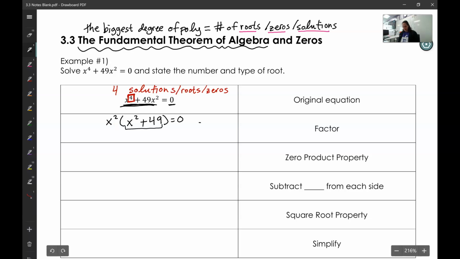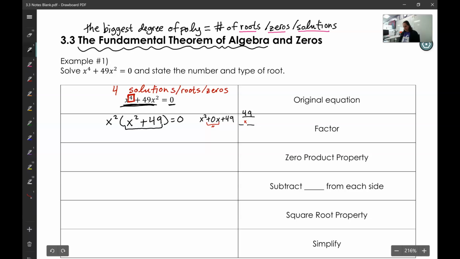I can check to see if I can factor that. So I have x squared plus 49, or x squared plus 0x plus 49. So going back to our factoring from last chapter, that means I'm going to need 2 numbers that will multiply to 49 and add to 0.